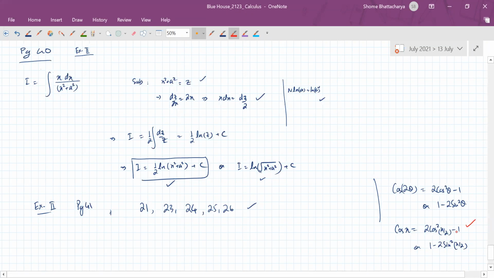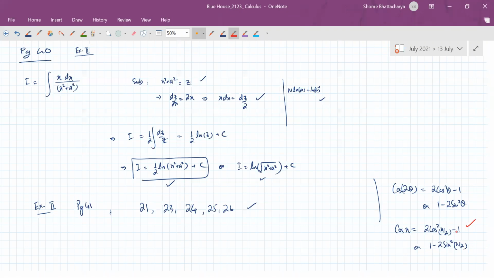So for 21, is the answer 2? I'll just calculate and verify for you. I think root 2 comes out, and then I think it will be 1 if I'm not mistaken.